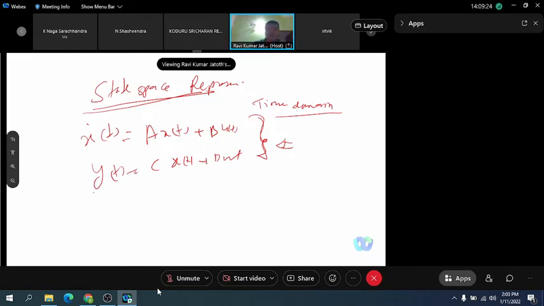So I want the output y of t. But y of t can be known when you know x of t. But the real-time systems are available in the form of differential terms. Is it not?